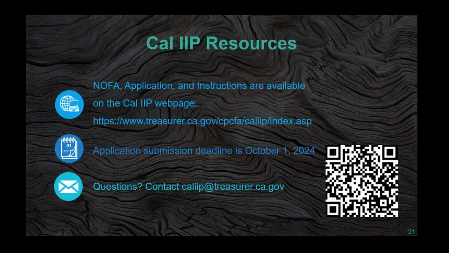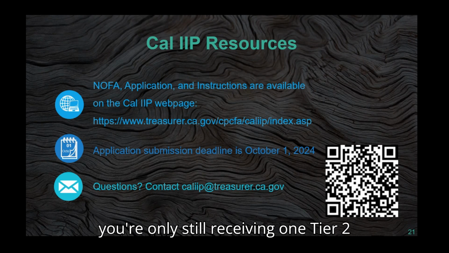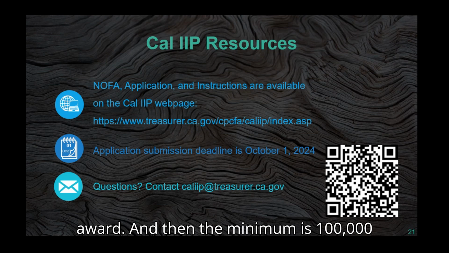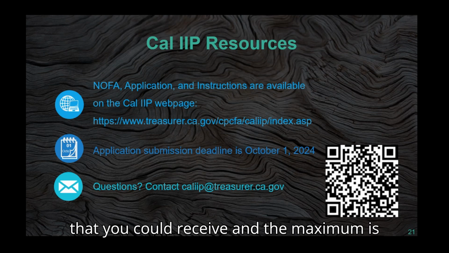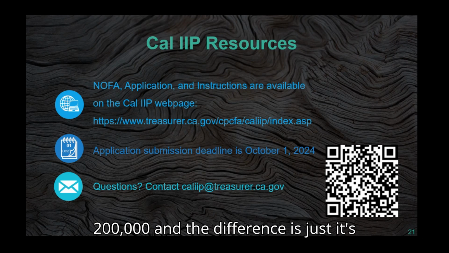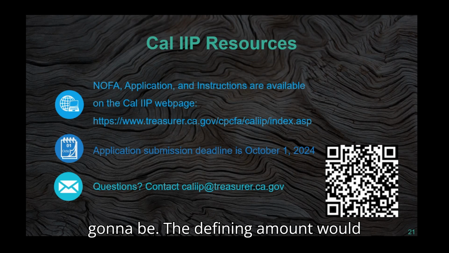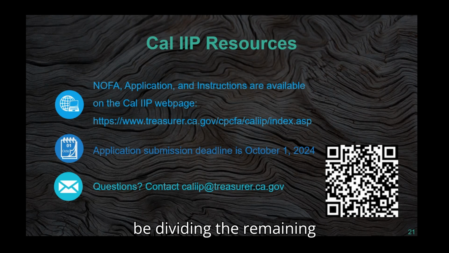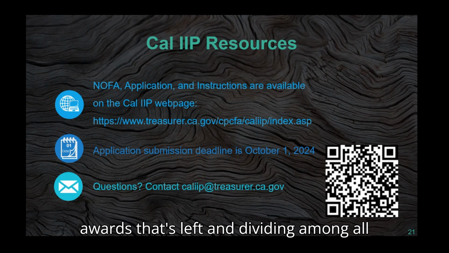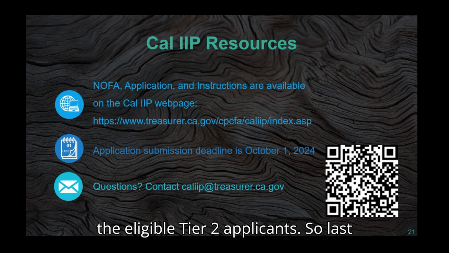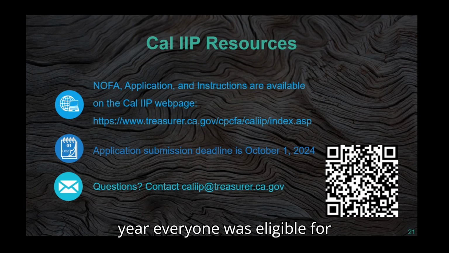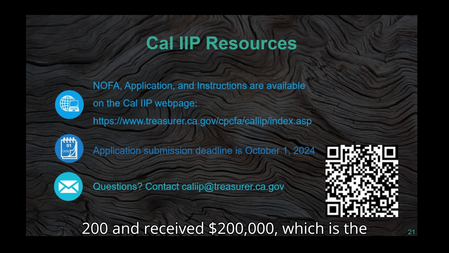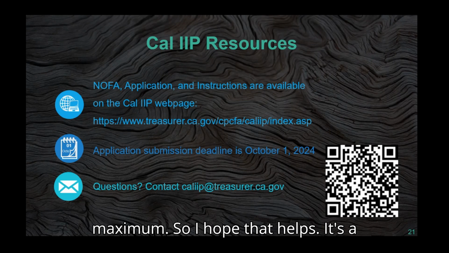Even if you meet the minimum requirements for both, you're only receiving 1 tier 2 award. The minimum is $100,000 that you could receive, and the maximum is $200,000. The defining amount would be dividing the remaining awards that are left among all the eligible tier 2 applicants. Last year, everyone was eligible for $200,000 and received the maximum. So I hope that helps. It's a little tricky.